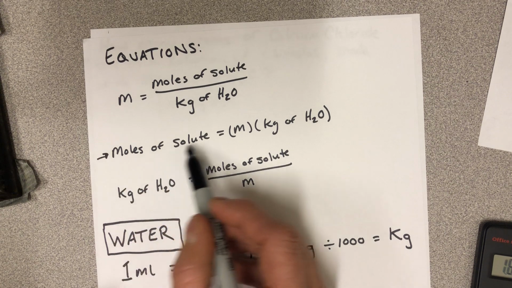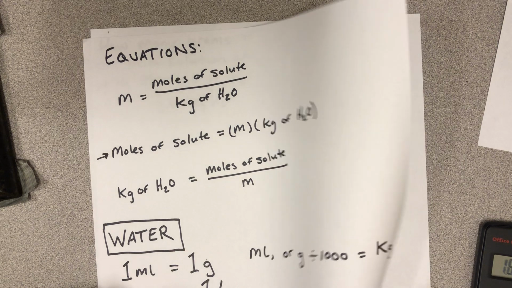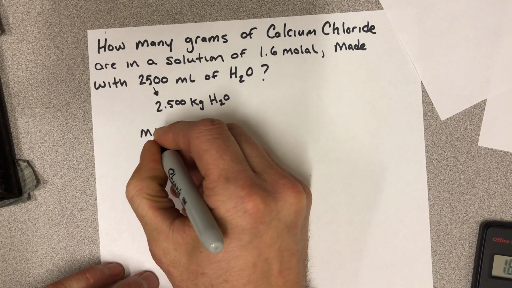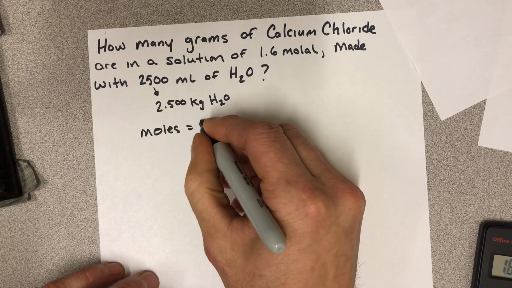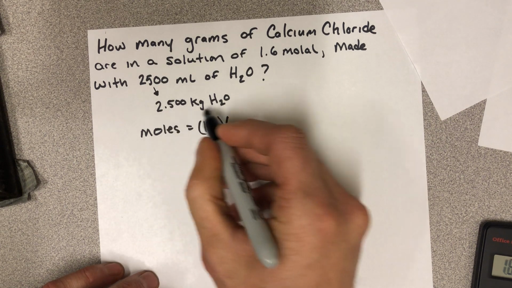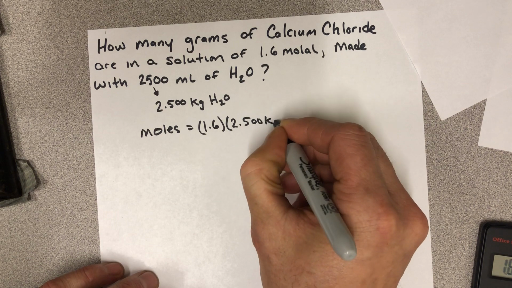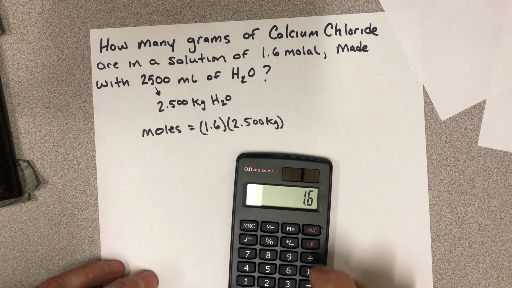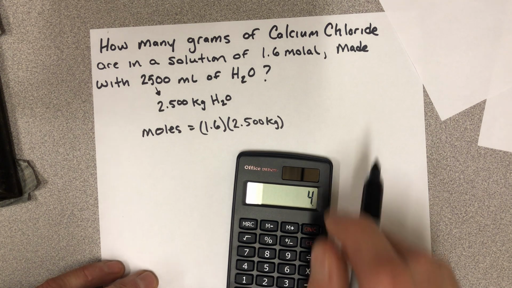So this is the equation we're going to use for this question: moles of solute. We're going to multiply the molality by the kilograms of water. So moles equals the molality of 1.6 multiplied by the 2.50 kilograms of water. 1.6 times 2.5 equals 4.